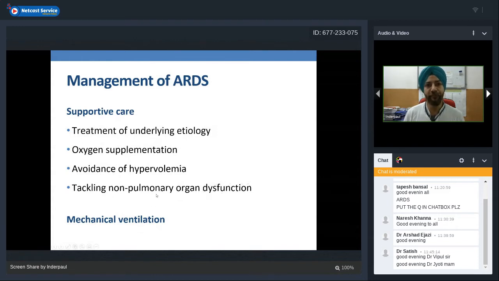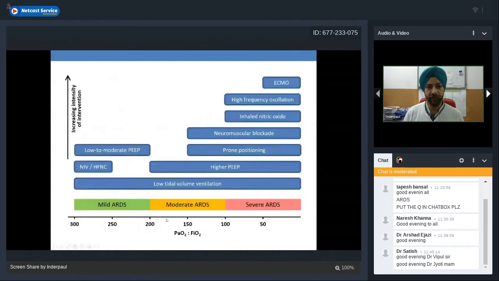The most important component of management of ARDS is mechanical ventilation. Based on severity, you have a lot of options, starting from HFNC, non-invasive ventilation, and as the severity increases, you can use HFOV, ECMO.